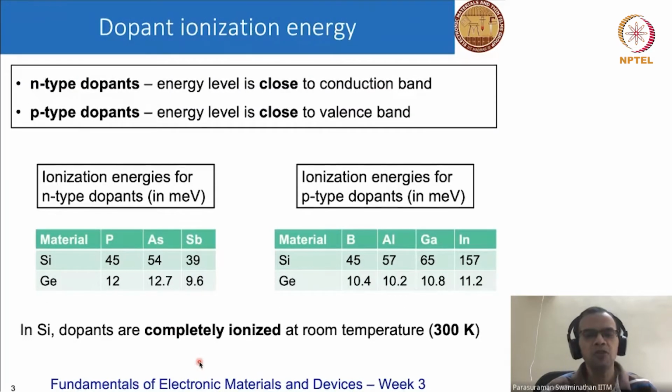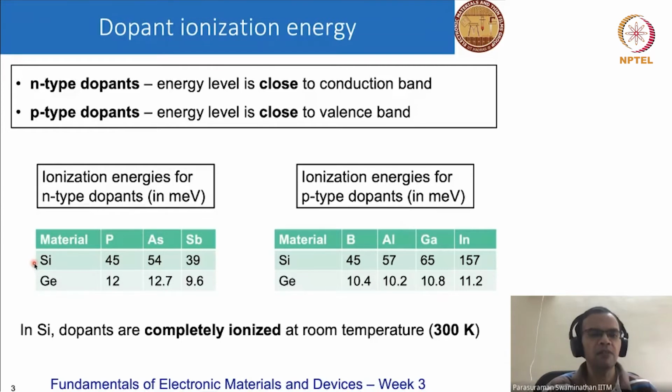So we choose the dopants in such a way that the energy level is close to the band edge. If I want extra electrons, remember in a semiconductor, electrons move in the conduction band. We need to choose a dopant whose energy level is close to the conduction band. Similarly, in the case of p-type semiconductors, we want a dopant whose energy level is close to the valence band so that the electron is promoted to the dopant level and we have extra holes in the valence band.